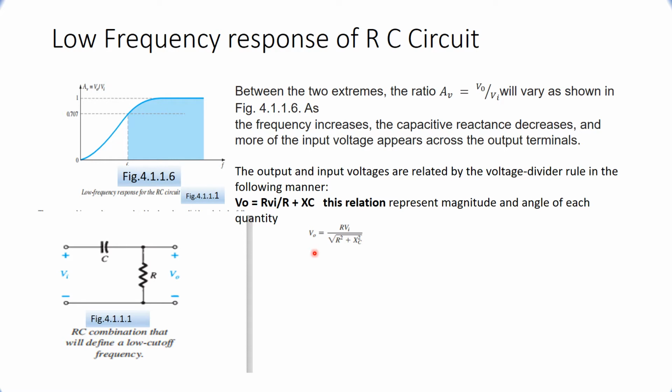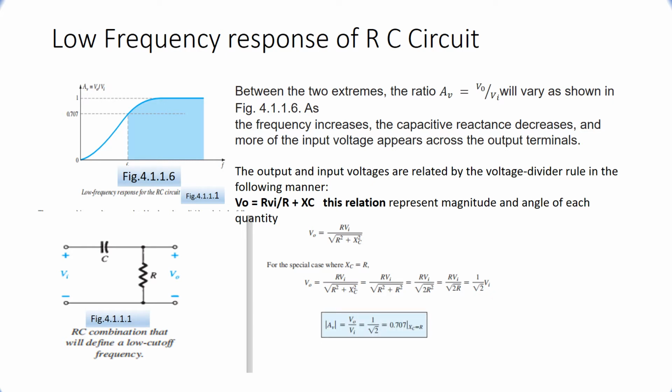So V0 is equal to R times Vi upon the square root of R squared plus Xc squared. This gives the magnitude part, which is equal to 1 upon root 2 times Vi. So the voltage gain V0 upon Vi is 1 upon root 2, which comes out to be 0.707.